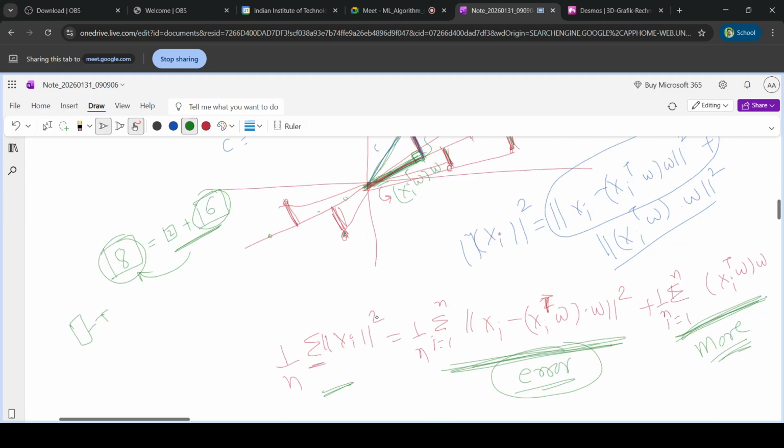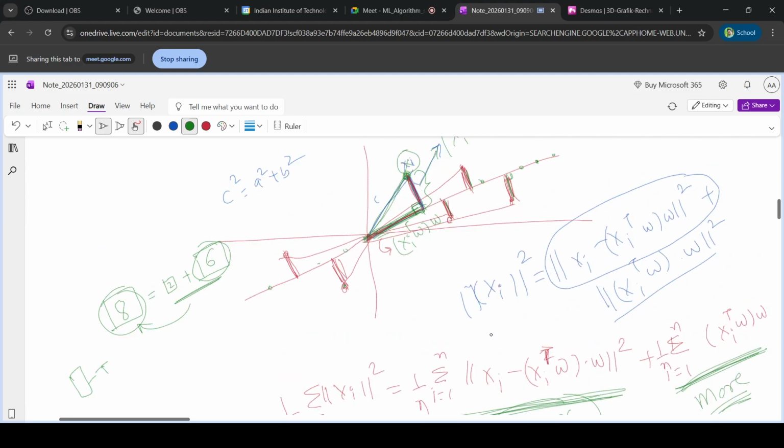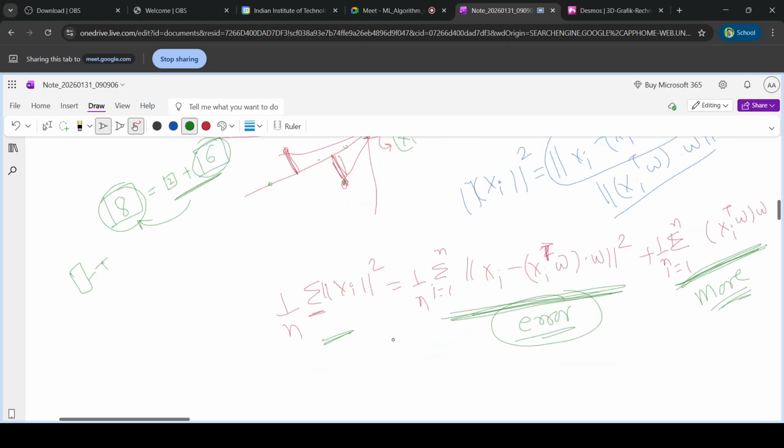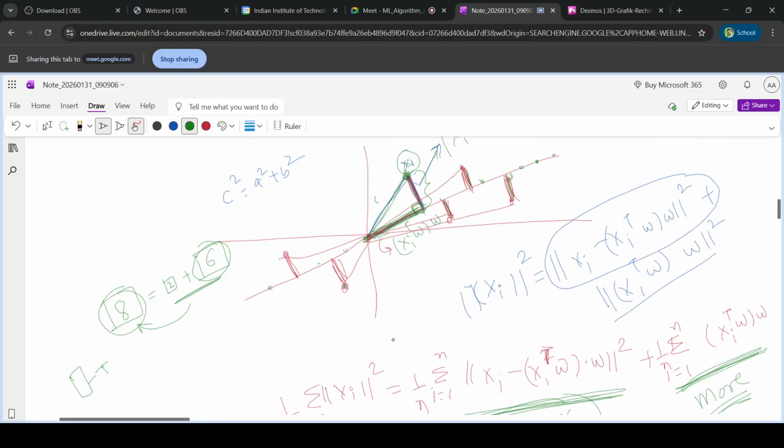With that we did the summation over all the points, because we have so many points here. And we found that the error should be minimum, because our main motto is the error, meaning this proxy should be the minimum proxy.